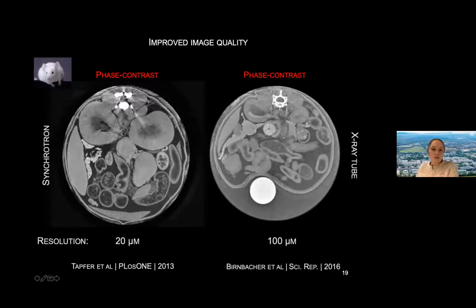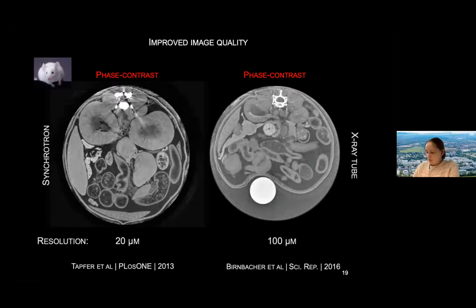This was the previous image from the ESRF, and on the right is the image that we got with our setup after 4 years of improving and optimizing. The only thing that is different now is the resolution. At the synchrotron, if you scan the full mouse, it is like 20 microns, and here we are around 100 micrometers due to the large source spot and large pixel sizes and so on.